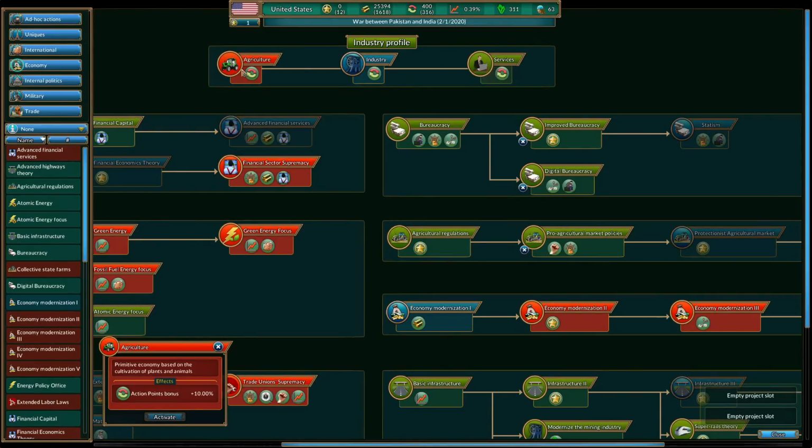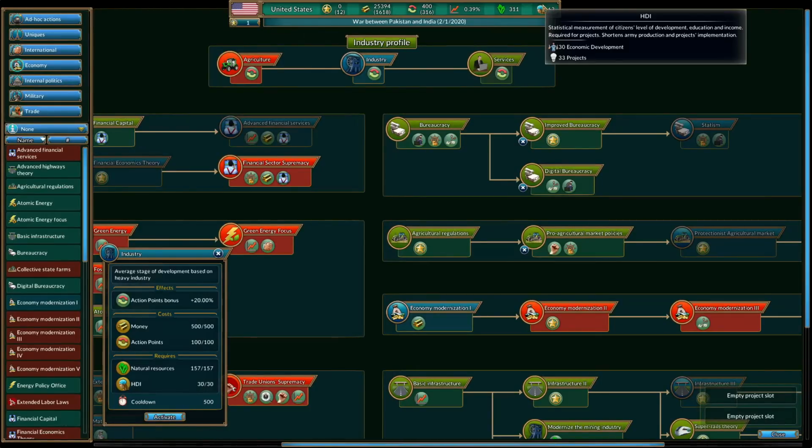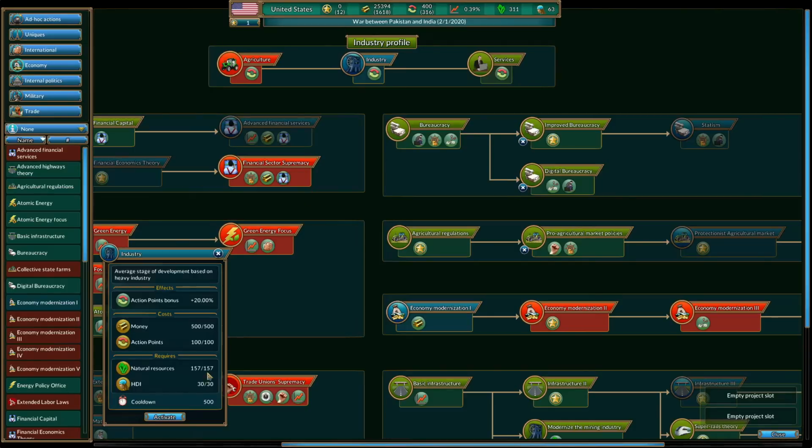Agricultural is the default, gives you a 10% bonus to action points. Income, by the way, so that's a good thing. You could double that to 20% if you have a lot of natural resources, a decent amount of HDI, which is a measurement of your economic development, and other projects that you've enabled, other research that you've done. I talked about that more in other guides as well.